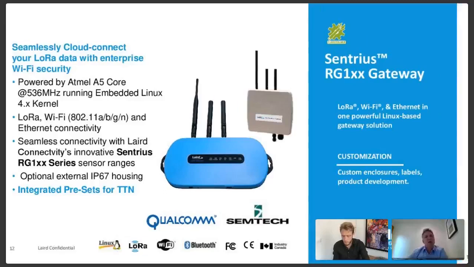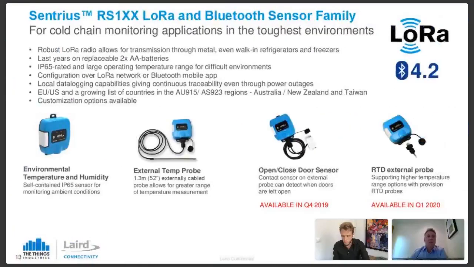That is then the gateway side to the sensor. So the sensors talk to that gateway, and this is the range that we have at the moment. It's our Centrius S1X series. Again, we've talked about the robust radios of LoRa, and that enables a way to get out of the fridges and freezers in cold chain. 2 standard AA batteries, simple, easy, readily available, simple to change inside of a device.